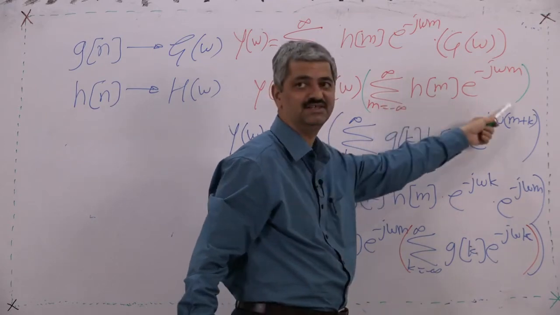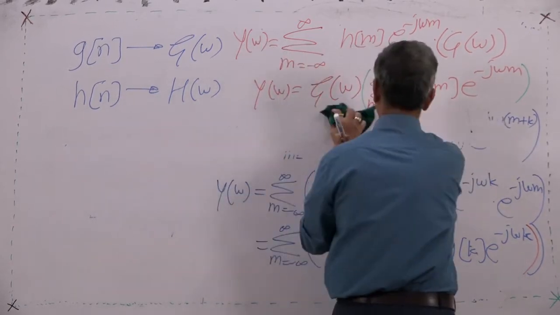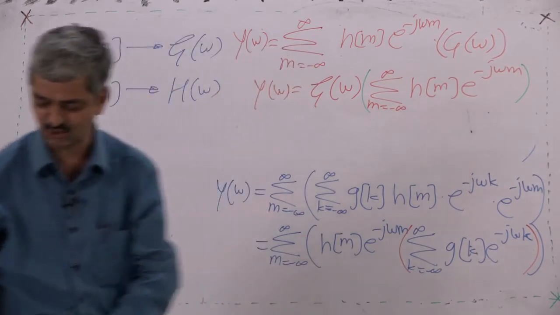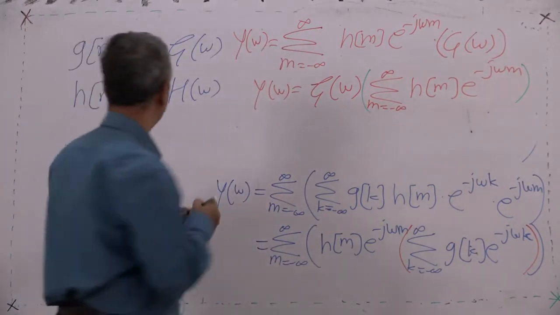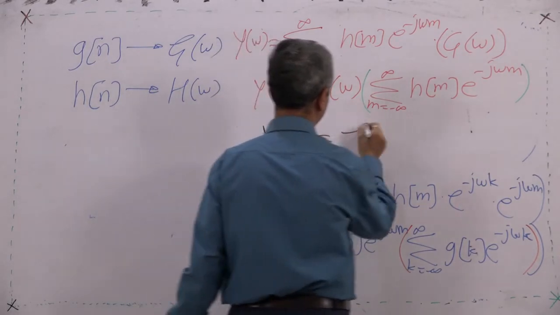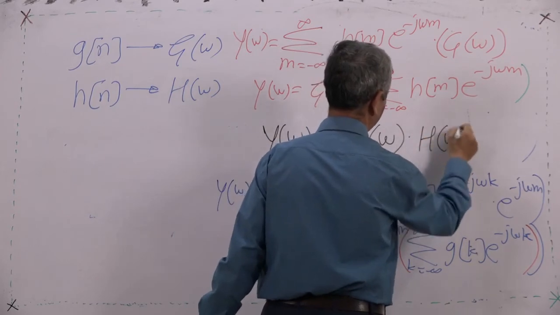So this is h omega, the DTFT of hm. So y omega is g omega into h omega.